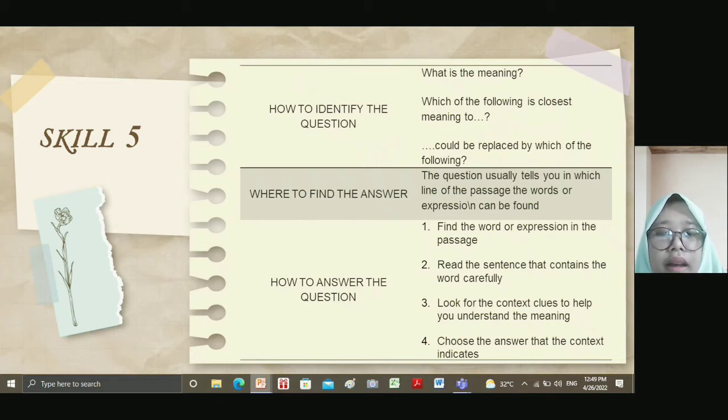And last, how to answer the question. To answer the question, do as follows. Number one, find the word or expression in the passage. Number two, read the sentence that contains the word carefully. Number three, look for the context clues to help you understand the meaning. And last, number four, choose the answer that the context indicates.